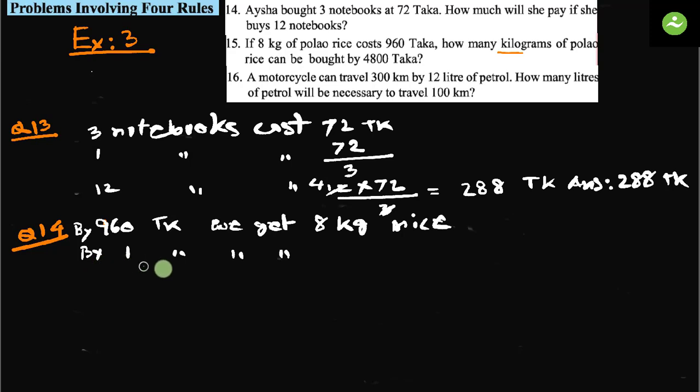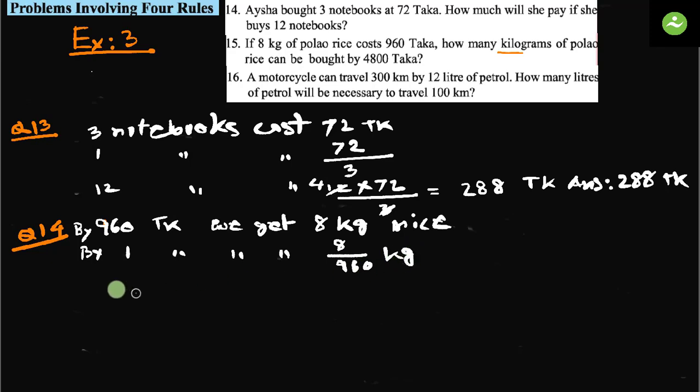By 1 taka we get, should it be less or more? It should be less because 960 taka can give us more rice. By 1 taka we should get less rice. So 960 should go below, and the unit is kg.